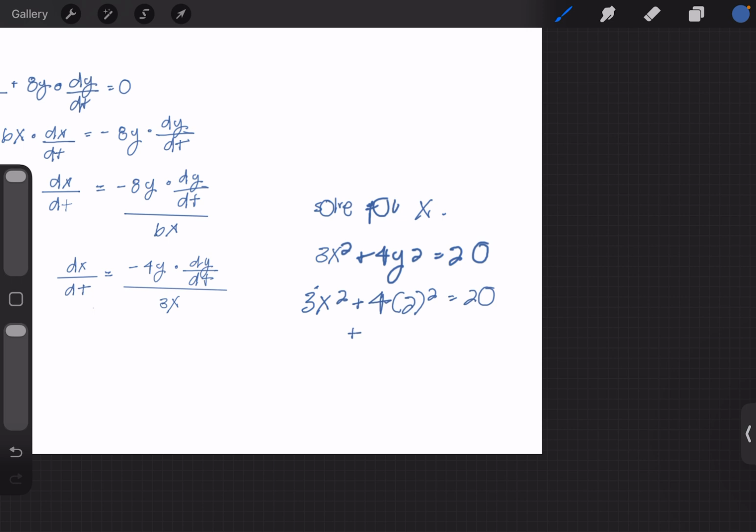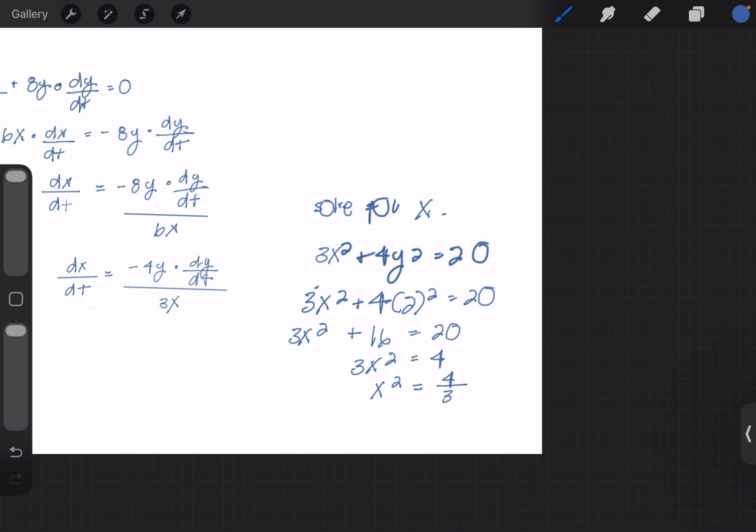2 squared is 4, and then 4 times 4 is 16, so we have 3x squared plus 16 equal to 20. 20 minus 16 is 4, and then we can divide both sides by 3, so x squared is 4 over 3.